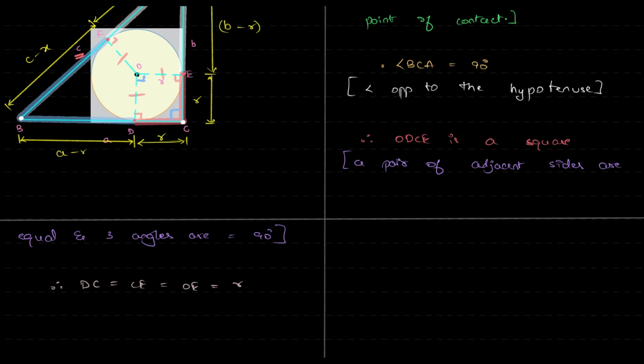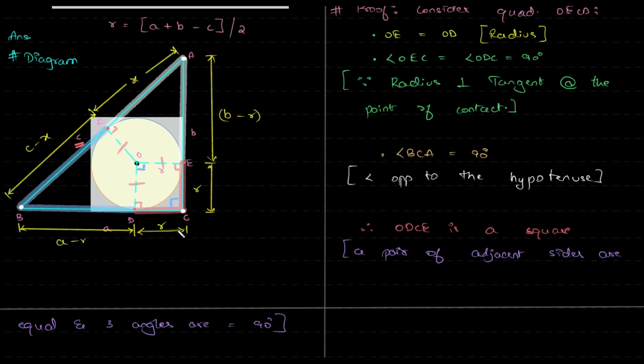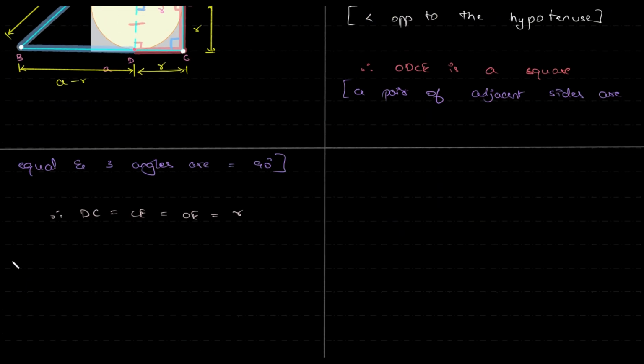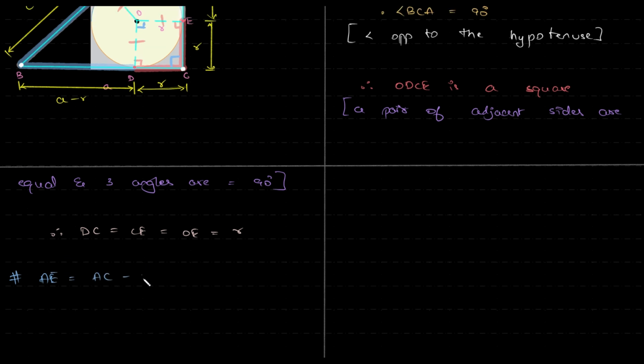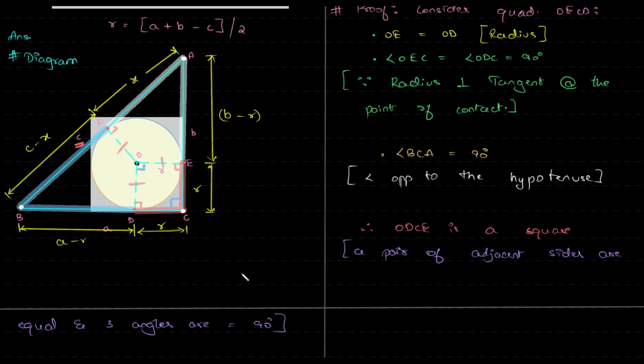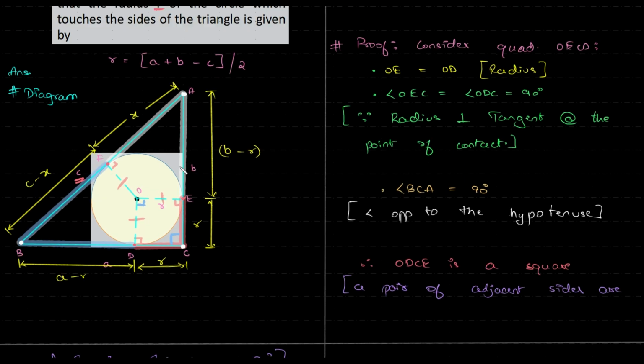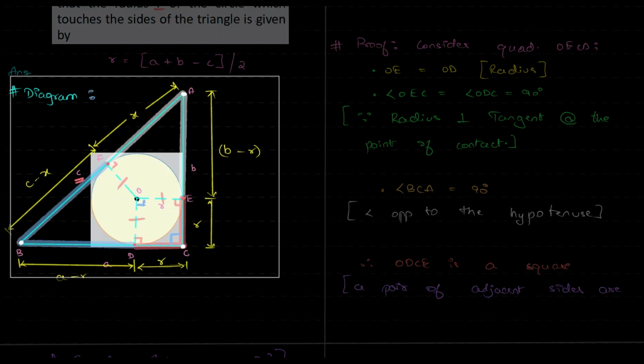And now we have the following. First thing is we'll get an expression for AE, which is equal to AC minus EC, which is equal to B minus R. Okay guys, let me take the diagram, it's easier that way.